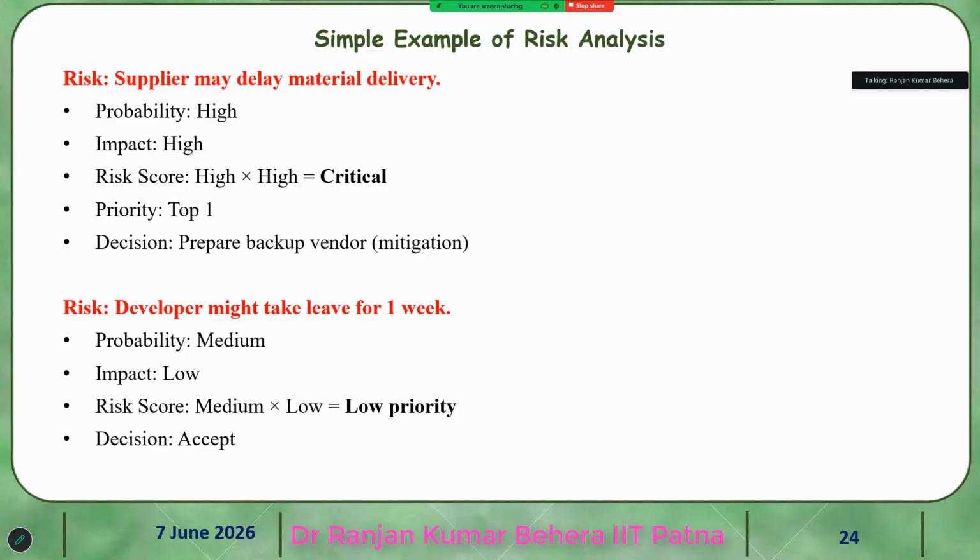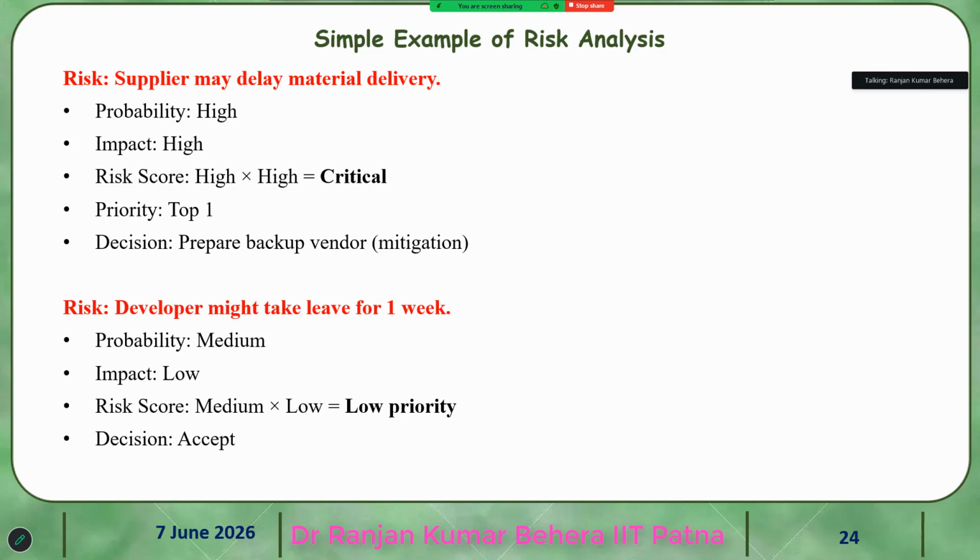Here is an example. The supplier may delay the material delivery. Probability is very high and impact is also high. The risk score, high times high, is critical, so priority is top. So prepare a backup vendor: if one vendor is not supplying the material, we can go for another vendor.